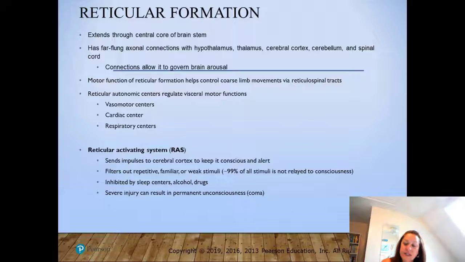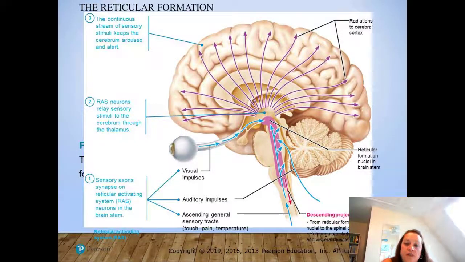Then we have what's called the reticular formation. The reticular formation is interesting because it's going to involve the thalamus predominantly, and it's involved with filtering out unnecessary, repetitive, familiar type things. It filters anything out that the body doesn't believe we need, right? It says there 99% of all stimuli is not related to the conscious brain. And this is the reticular formation.